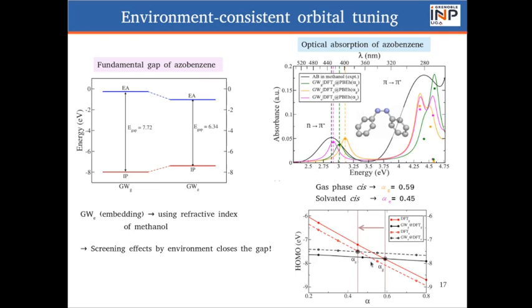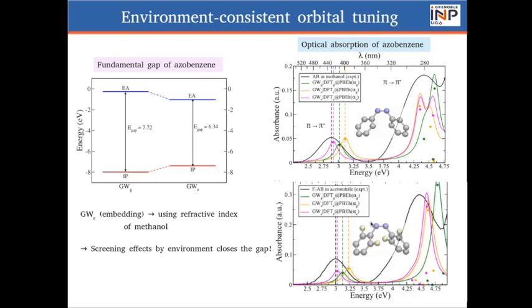So this is the gas phase part, and then both the BSE and GW change, and so we have a new value of alpha, which is lower, alpha E. And when we do this BSE calculation with the starting point given by alpha E, we have a very good match of the n pi star produced, while the pi is rather constant, as I said at the beginning. Similar behavior was found for the fluorinated azobenzene molecule.